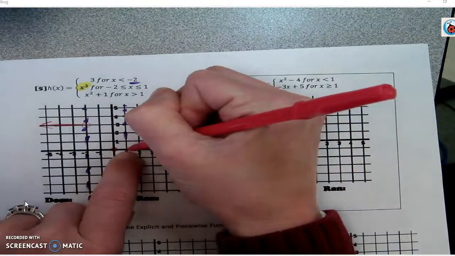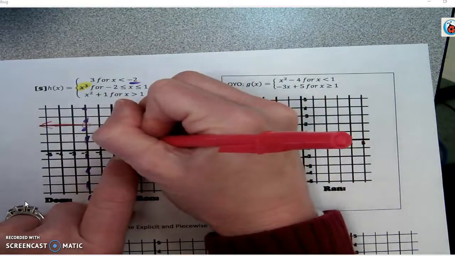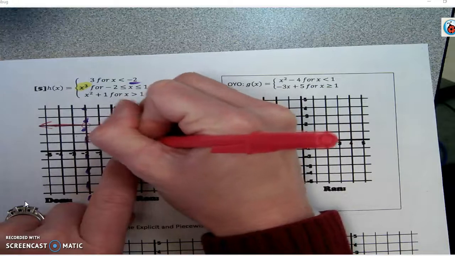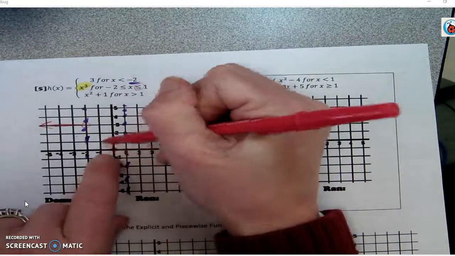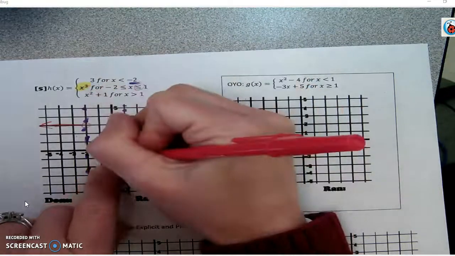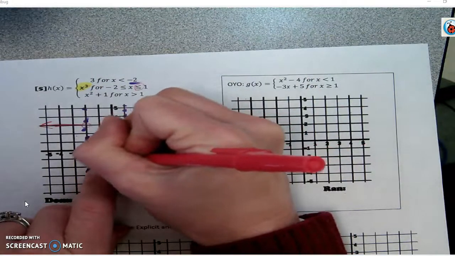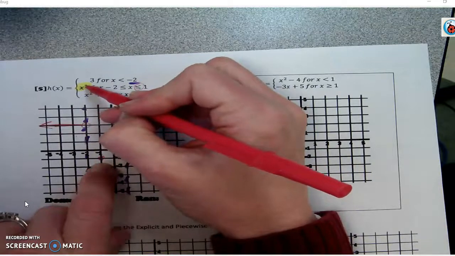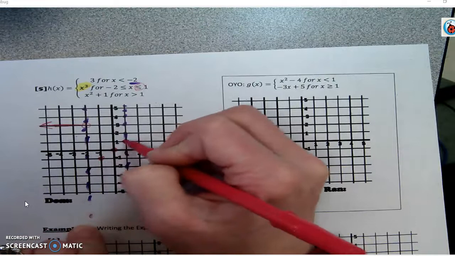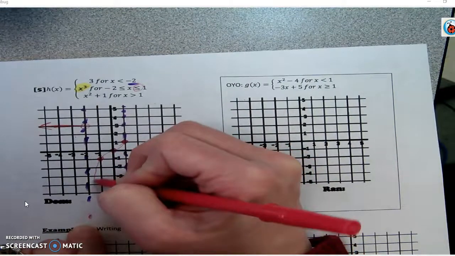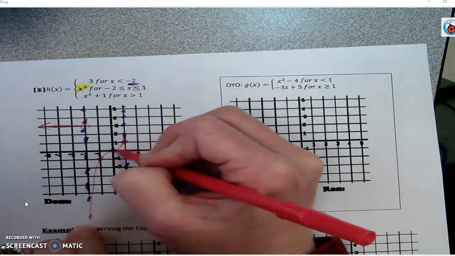If you plug in 1, 1 cubed is 1, and this would be a closed circle because on this boundary line, it's equal to it. Plug in -1. -1 cubed is -1. And -2 cubed is -8. So 6, 7, 8. So somewhere down here. And it actually does some curving through these.